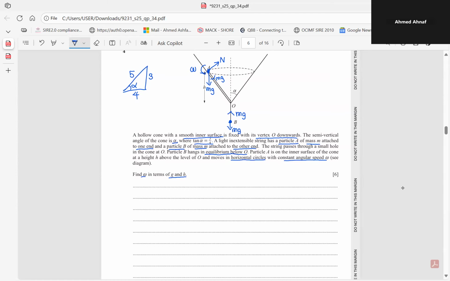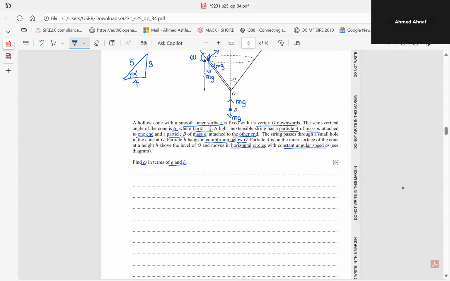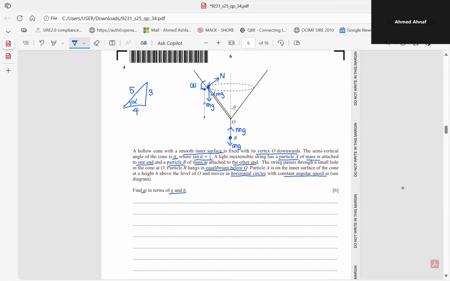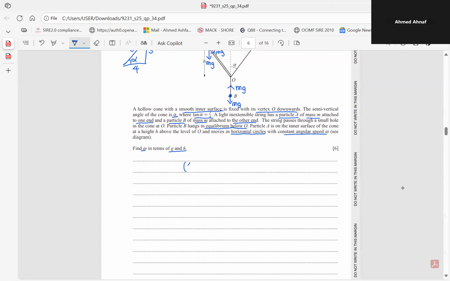Okay, so now we're going to equate the vertical components of the forces acting on A, because for circular motion, when a particle is moving in circles, the vertical forces acting on the particle must be in equilibrium. So let's equate the vertical forces.